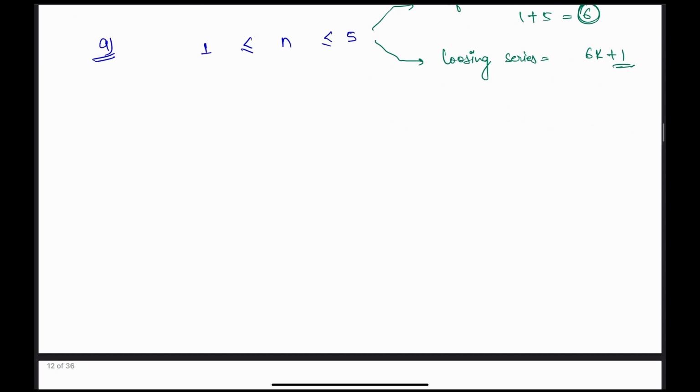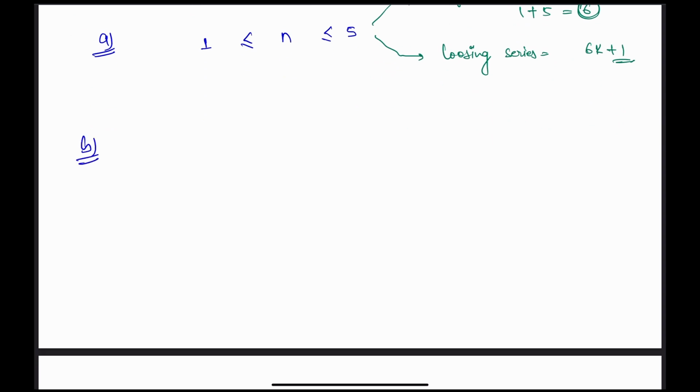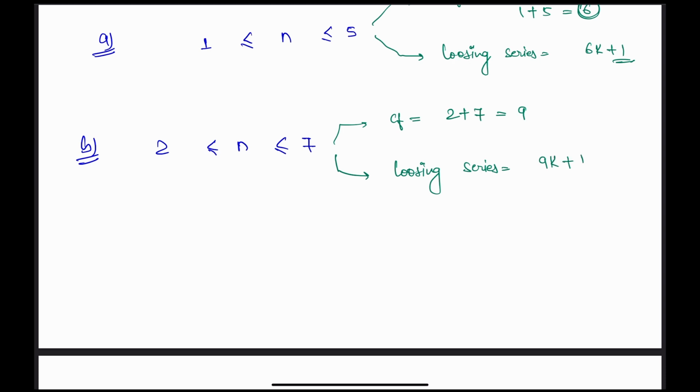Next, what we learn is that if instead of 1 there are 2 coins, suppose here it takes 7, our approach will be the same. First we need to calculate CF again. What is 2 plus 7? That is 9. Then we find the losing series, which is 9k plus 1 and 9k plus 2. These two will be our losing series.